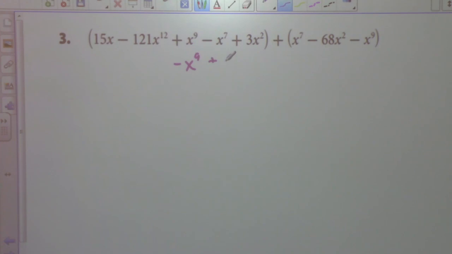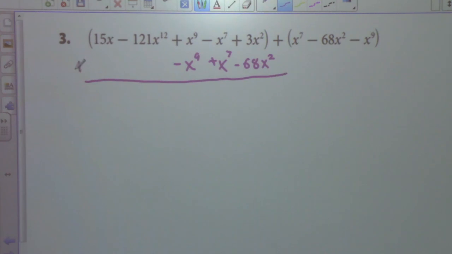And then minus 68x squared, right after the x to the power of 7. Oh, right here? Yes. What would that equal? And then I got 15x minus 121.